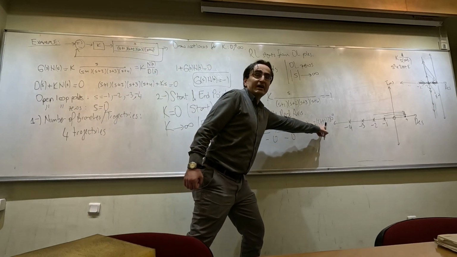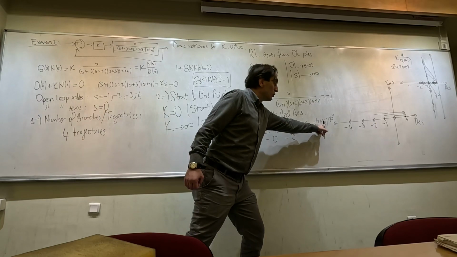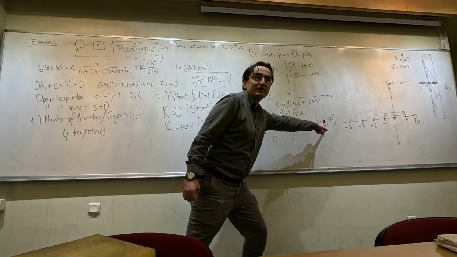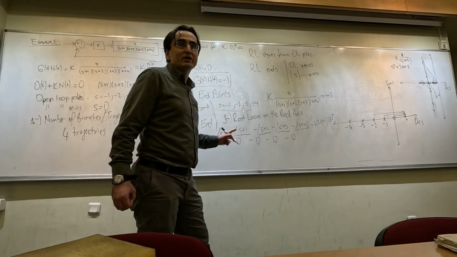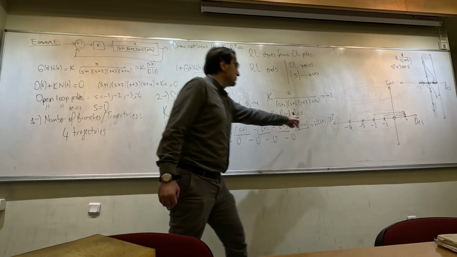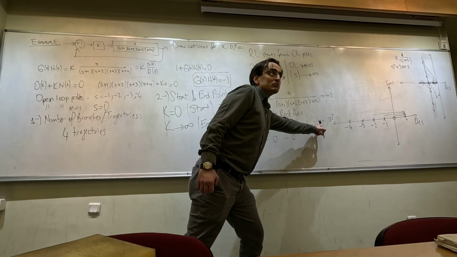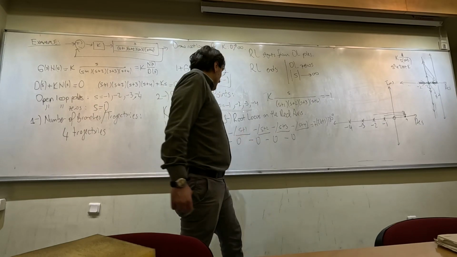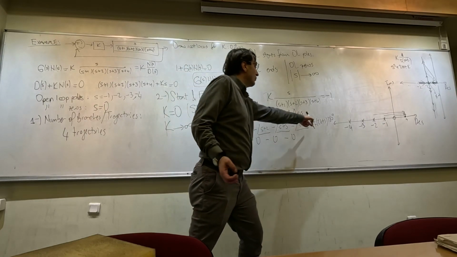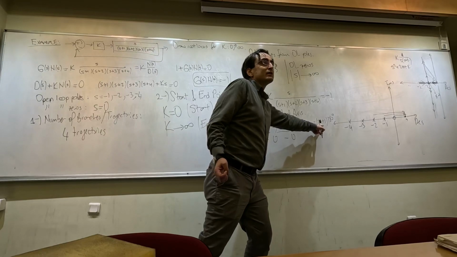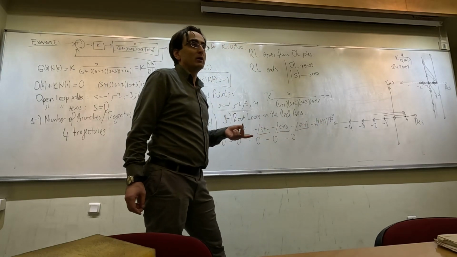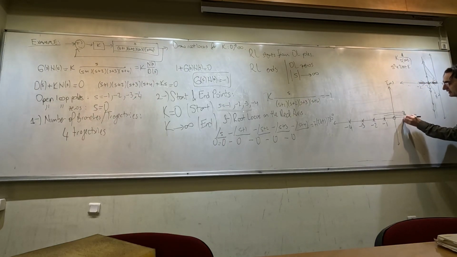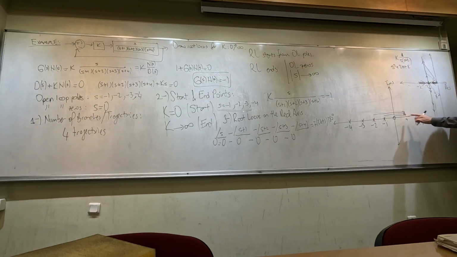Can you find me an integer k for which 0 is equal to plus minus 2k plus 180 degrees equality would be satisfied? Can you find a small k, which is an integer, to satisfy this equation? You cannot. The left-hand side is always 0, and for none of these k values, this angle on the right can be equal to 0. That means that this part of the real axis cannot be included in the root locus.